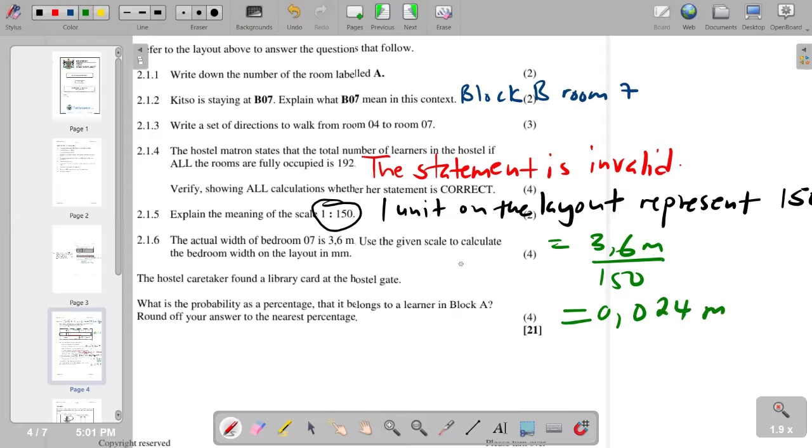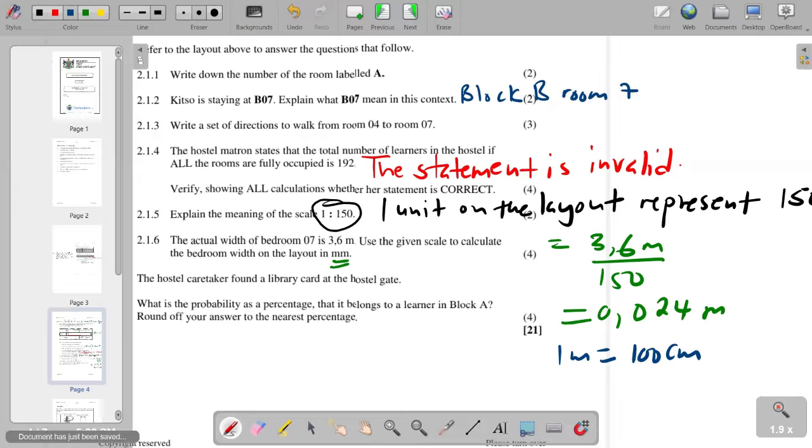0.024 meters. Of course, our question is asking for the answer in millimeters. So with that, we are going to make a representation in terms of centimeters. Of course, we know that 1 meter is equal to 100 centimeters. So converting 0.024 meters to centimeters, we multiply by 100.